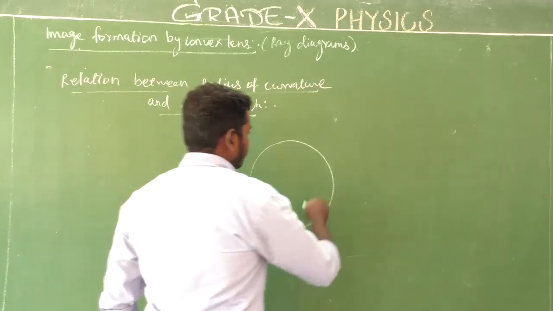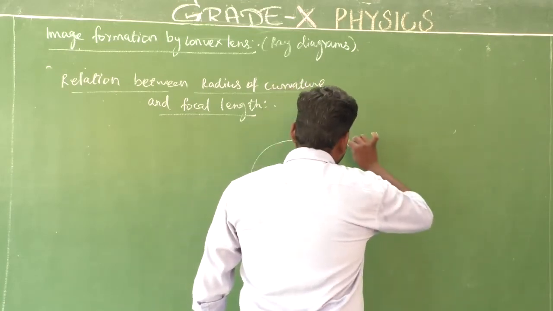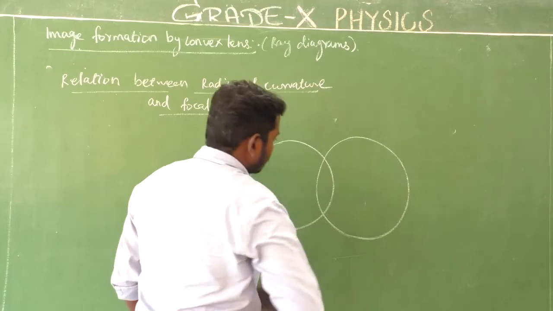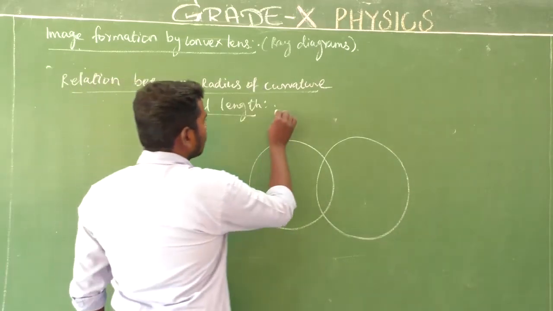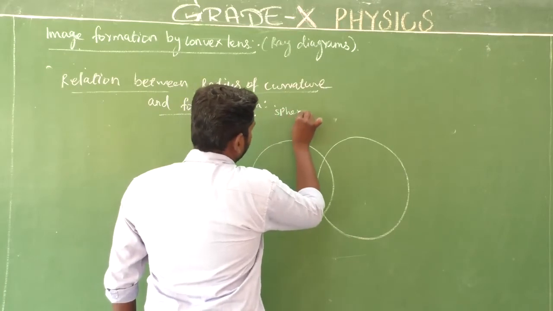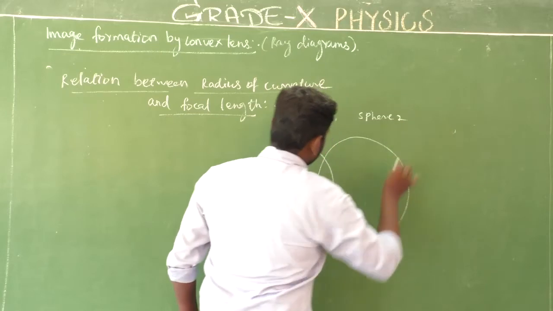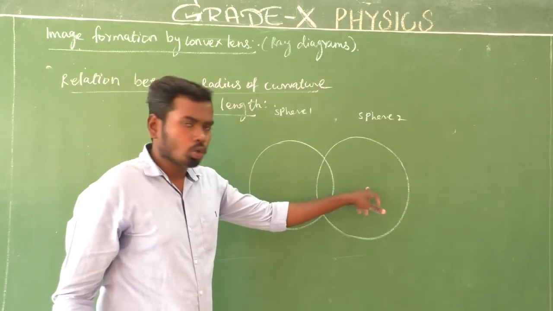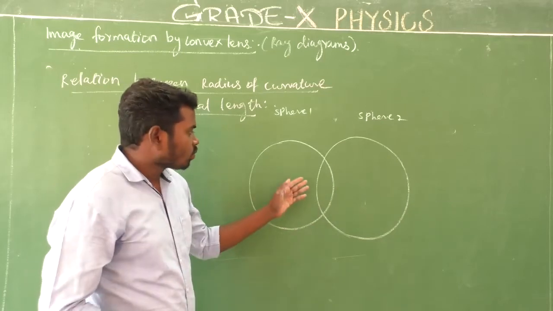Consider another sphere, also made up of glass. This is sphere 1, that is sphere 2. Both spheres are made up of glass.